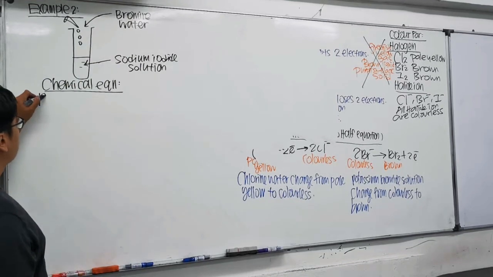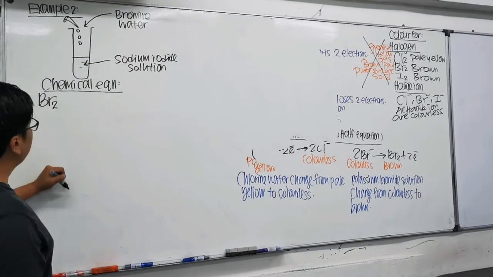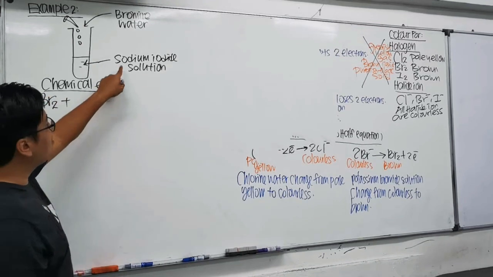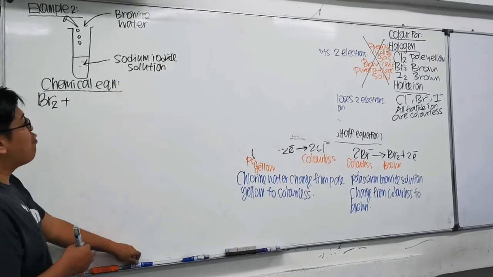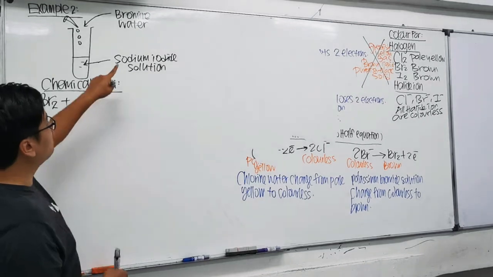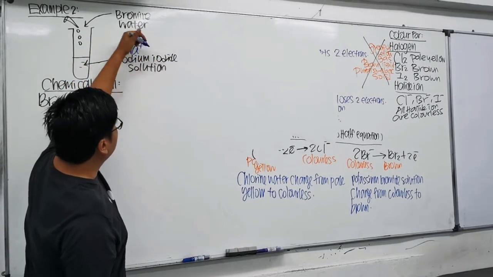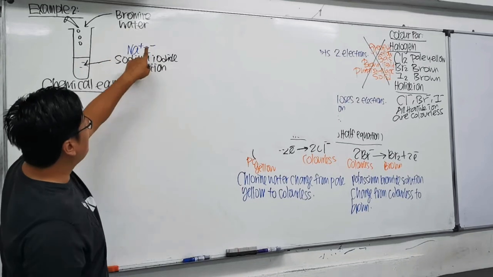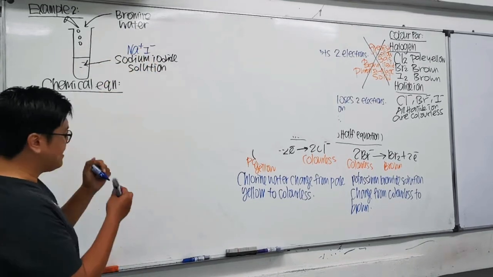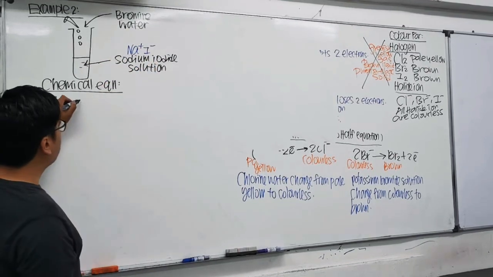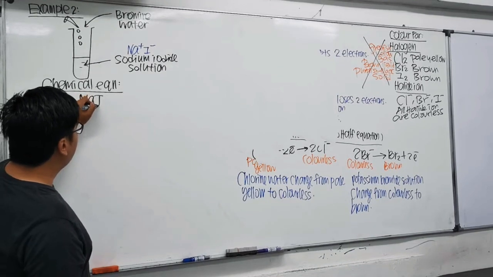Neutral bromine formula Br2. So we go to react with something called sodium iodide. We can predict the formula for sodium iodide. Sodium, the charge is Na+. Iodide, the charge is I-. Plus 1, minus 1, the charge is cancelled out. So sodium iodide formula is NaI.